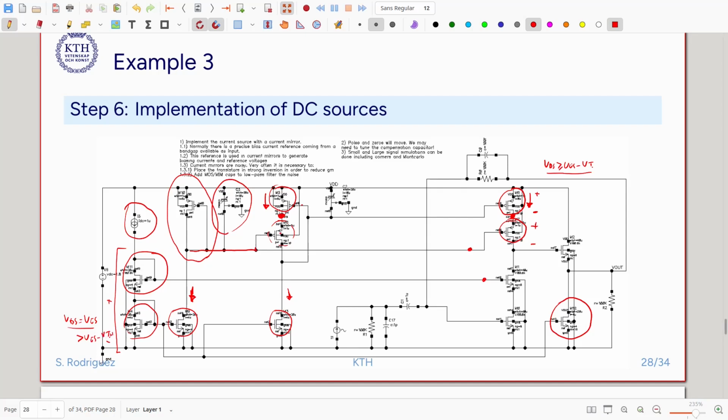So then you can see that it doesn't lend itself to a very large wide swing. However, when we have transistors in weak inversion, it might be possible to have low values of voltages also here.